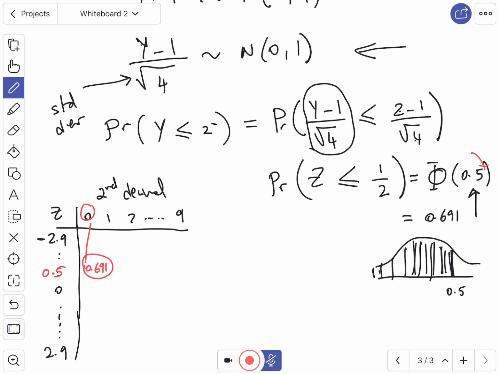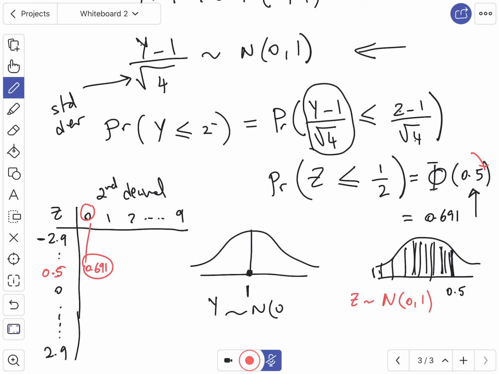So you would be able to answer the question that this distribution, which is Z, is distributed as normal 0, 1. Remember, the other version of it was the Y, the unstandardized version. The unstandardized version was centered on 1, and it had a normal distribution, not a standard normal.